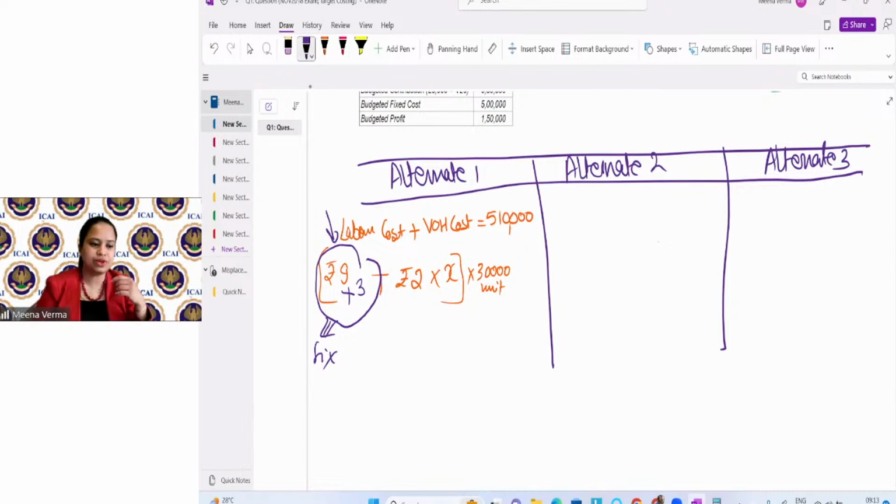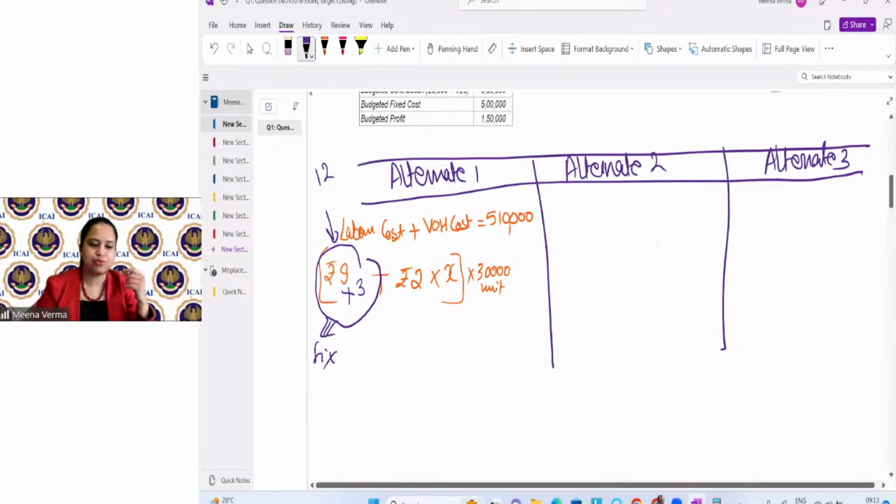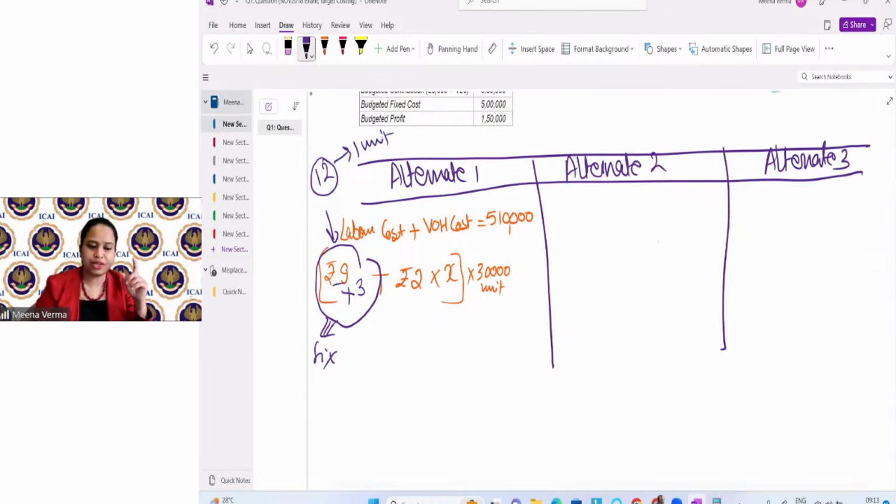So for example, we are assuming that we are paying 12 rupees to the labor for producing 1 unit. Earlier we were paying 9 rupees for 1 unit. Now this rate has increased by 3 rupees, so now we are paying 12 rupees per unit to the labor. It is not on the basis of time. But yes, variable overhead is on the basis of time.